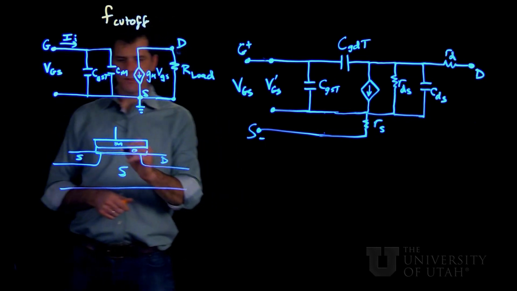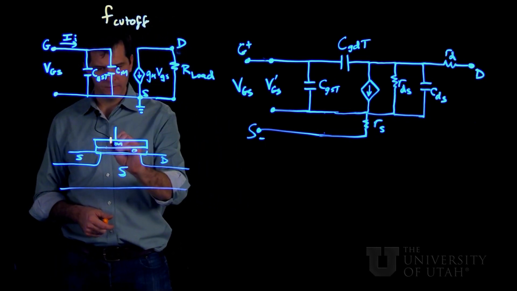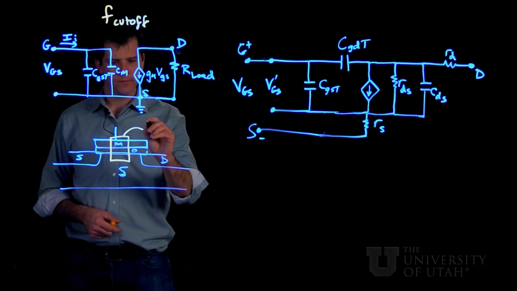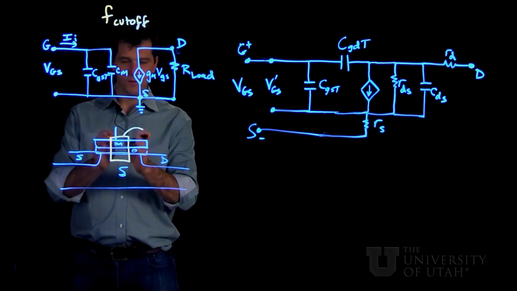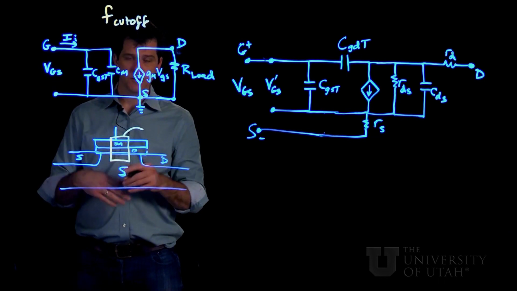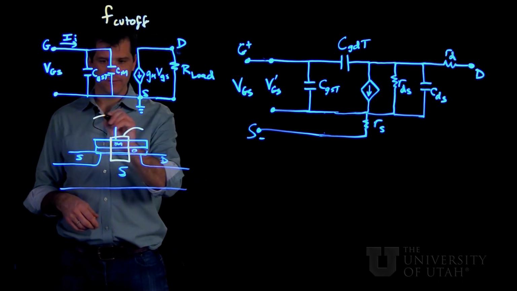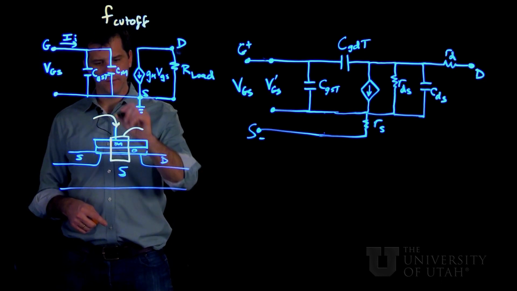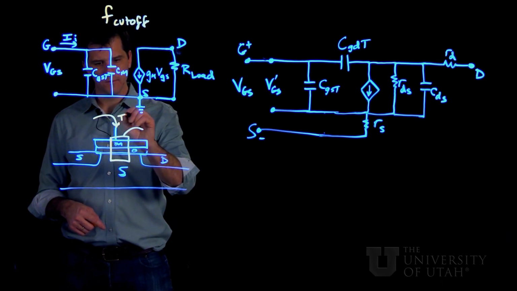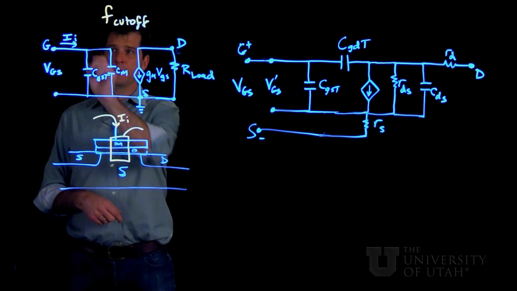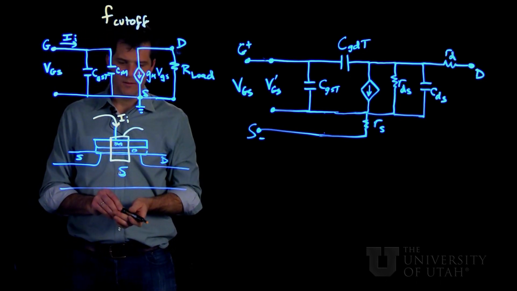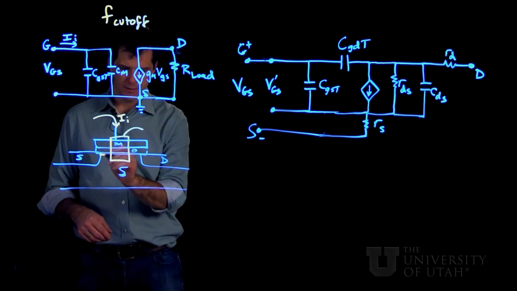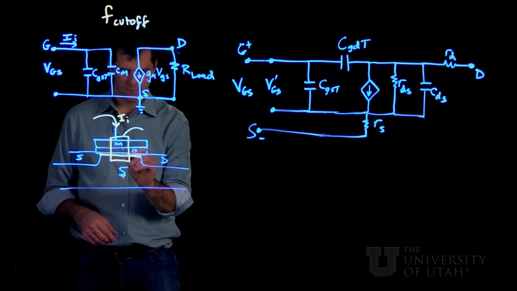So what physically is our limiting factor is the time it takes to charge the MOS capacitor. So the transient time for the current to flow into the gate, which we're going to represent here as I sub I, and for the charge to build up in the channel here.